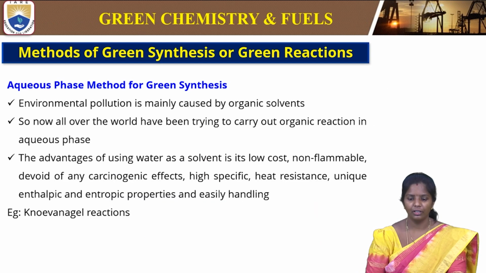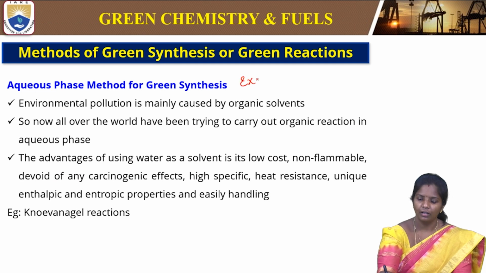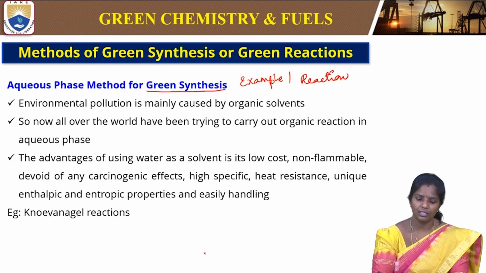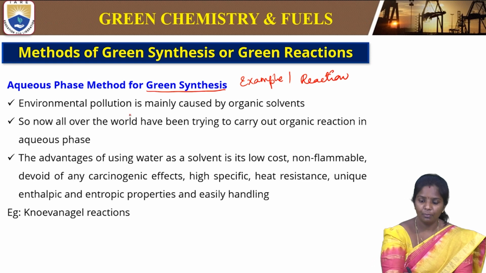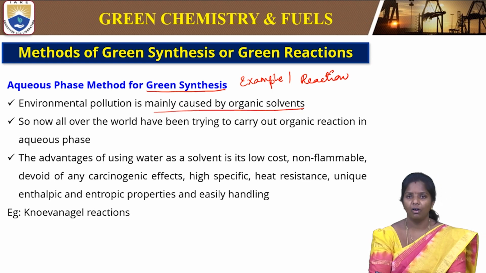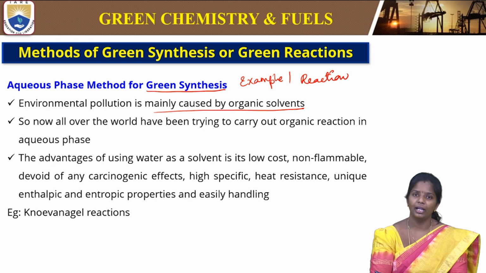Now let us see one example reaction: the aqueous phase method for green synthesis. In this, environmental pollution is mainly caused by organic solvents. Some organic solvents are very hazardous, polluting the environment.